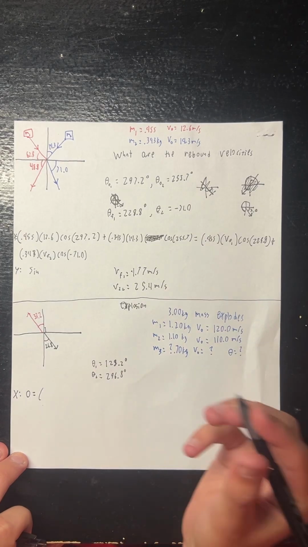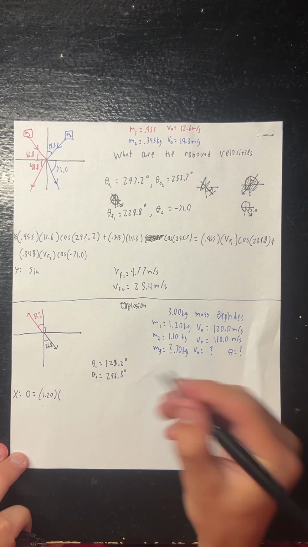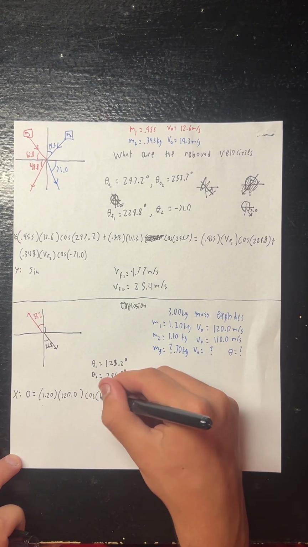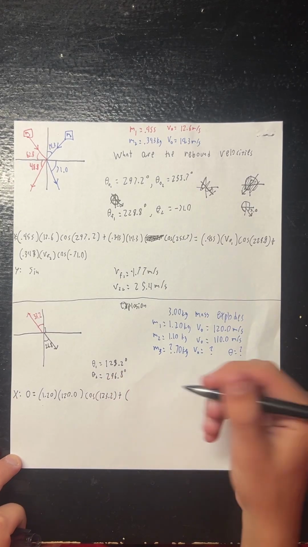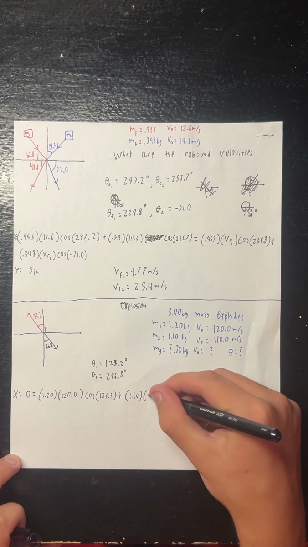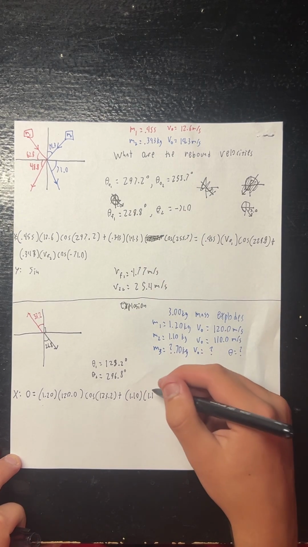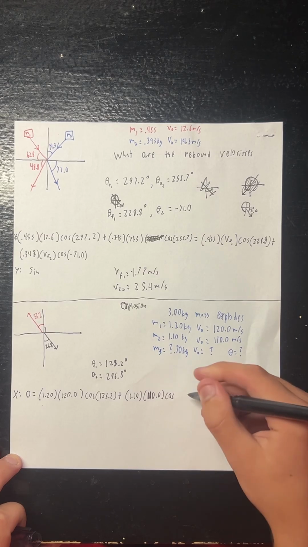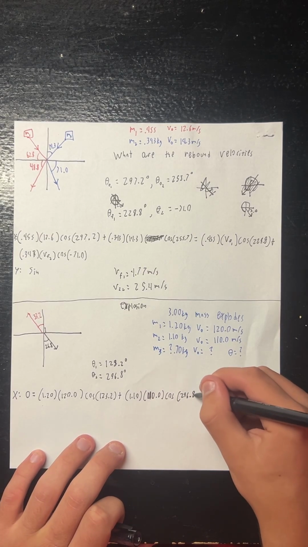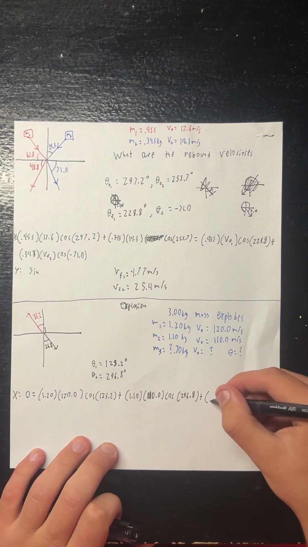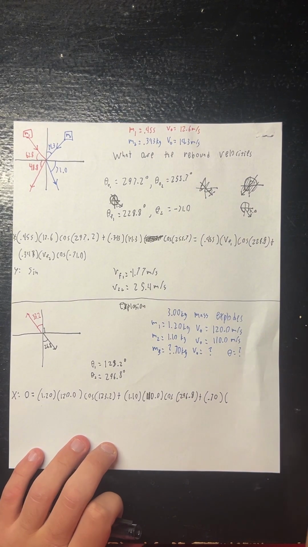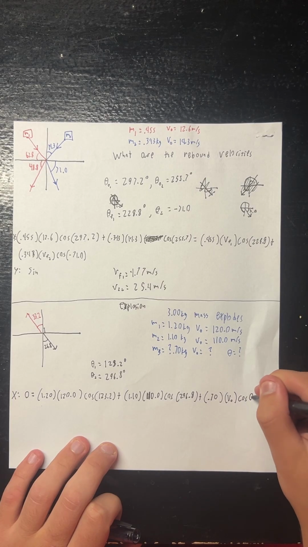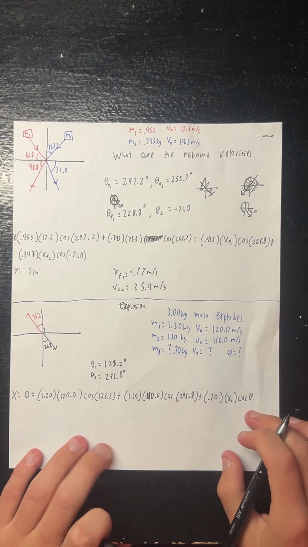So M1, what is it? 1.20 times 120.0 times cos, because it's x direction, 123.2 plus 1.10 times 110.0 times cos angle is 296.8 plus our M3, which is 0.70 times, and it's going to be V cos theta, right? And that is all equal to 0. So that is our first equation.